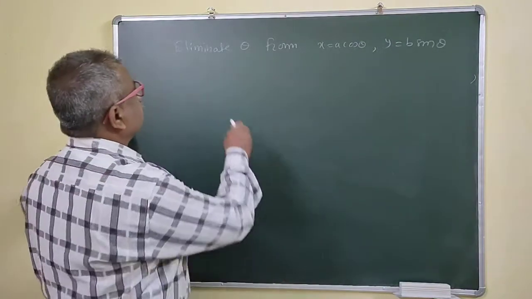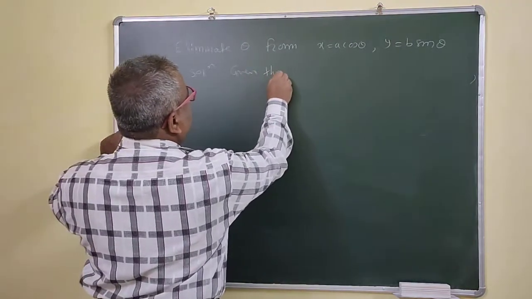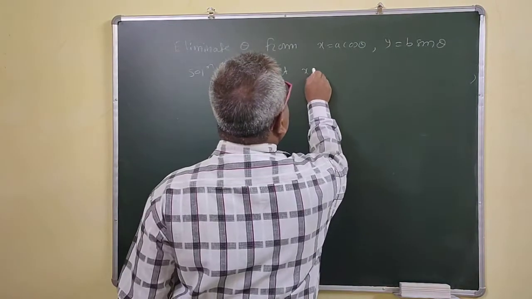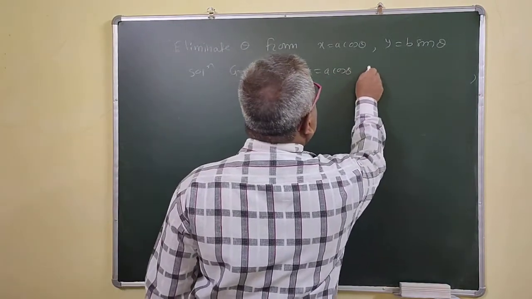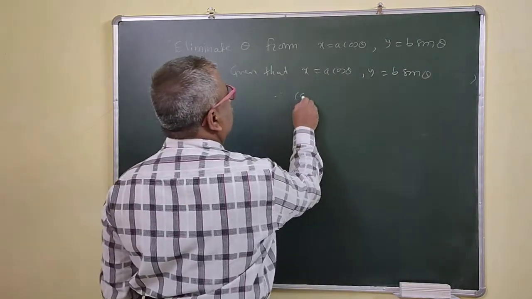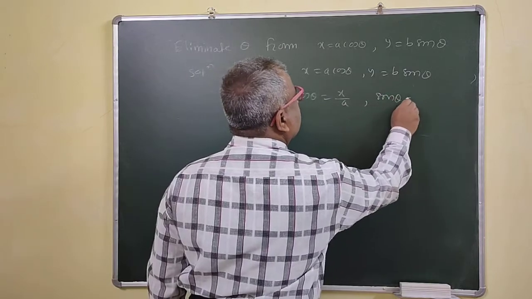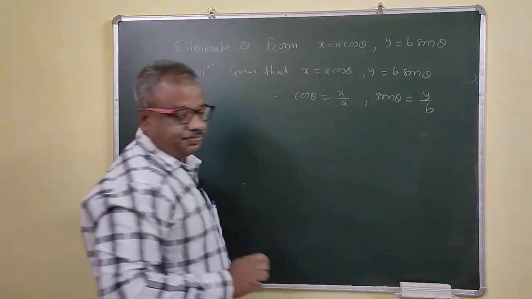Okay. Solution. Given that x is equal to a cos theta, y is equal to b sin theta. So therefore cos theta is equal to x upon a, sin theta is equal to y upon b.